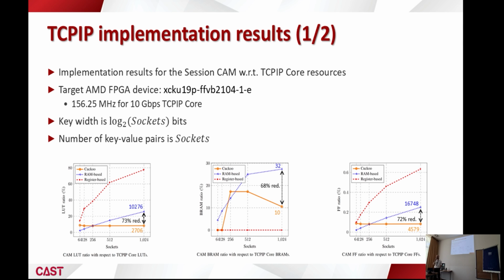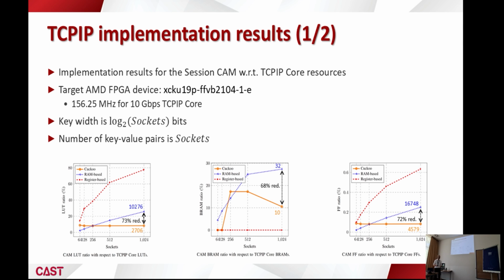Here we refer to the FPGA implementation results for the session CAM and the three examined architectures, the register-based, the RAM-based, and the introduced Cuckoo hash-based, with respect to the TCP/IP core resources. We see how the lookup table, block RAM, and flip-flop ratios scale as the number of supported sockets increases.